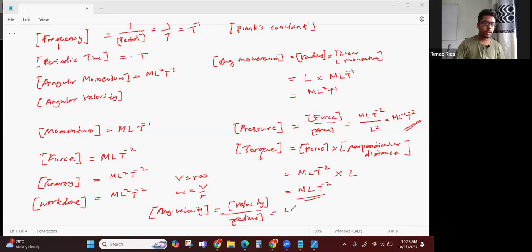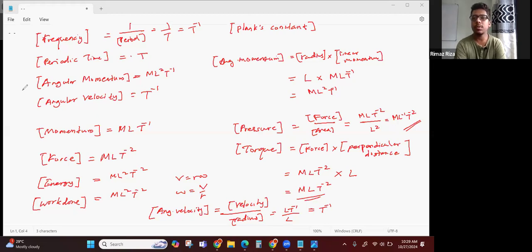Velocity is L T minus 1 divided by radius length L. So L and L cancel, and we get T minus 1. So you can see the angular velocity has dimension T minus 1, the same dimension as frequency. Therefore, angular velocity is also known as angular frequency.